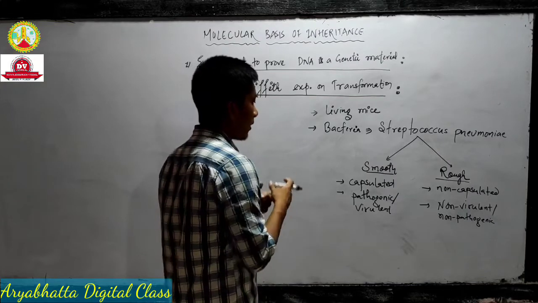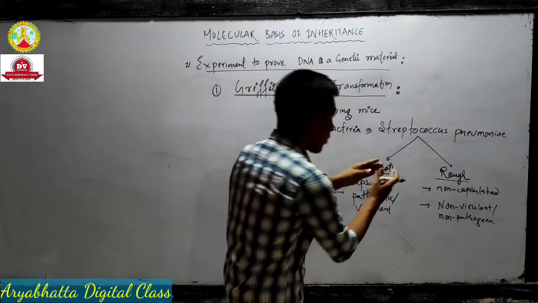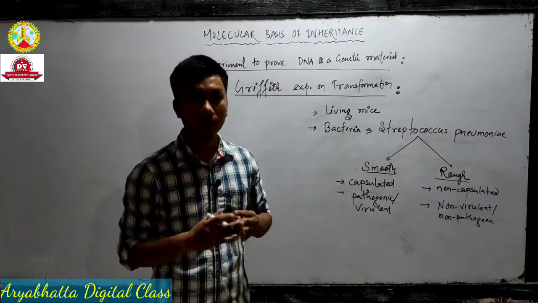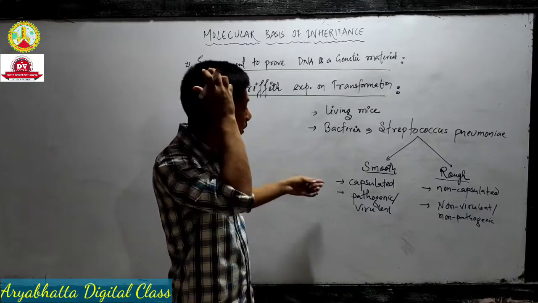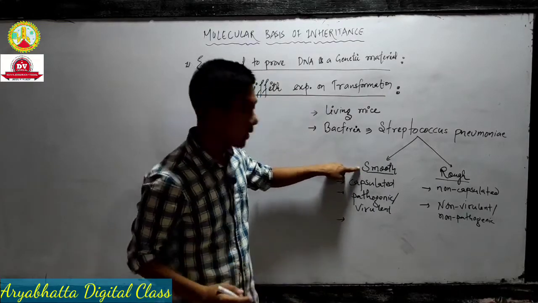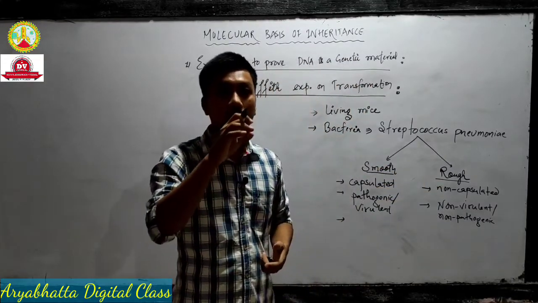So what they did, the scientists extracted these two bacteria separately. Griffith extracted the smooth one and the rough one separately, and put them in a petri dish.